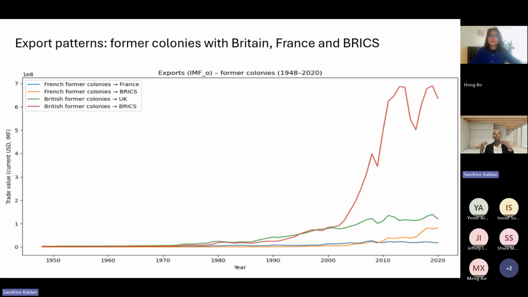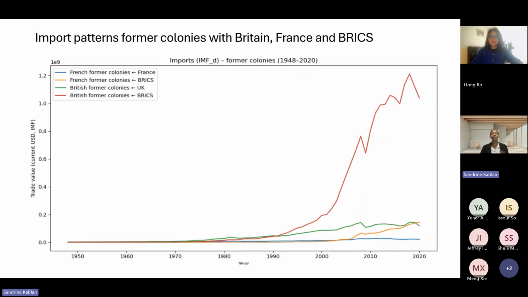What we can see is that the volume of exports from British former colonies to the UK is larger than the volume of exports from French former colonies to France. And again, when we look at the evolution of exports from French former colonies to BRICS and British former colonies to BRICS, we can see that the exports from British former colonies to BRICS are far more important than the other flows. And we also have the same patterns for imports.